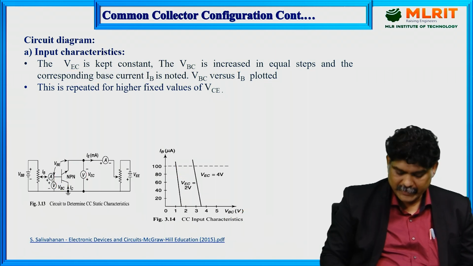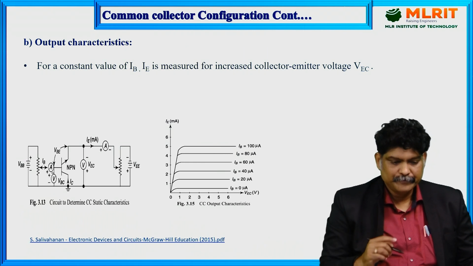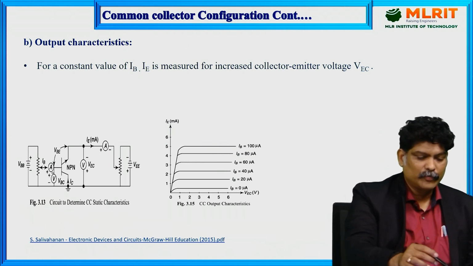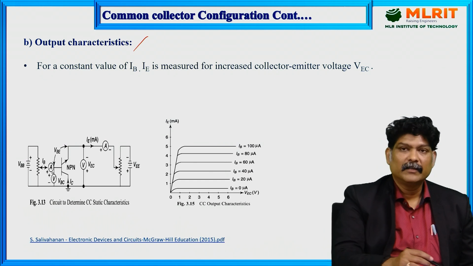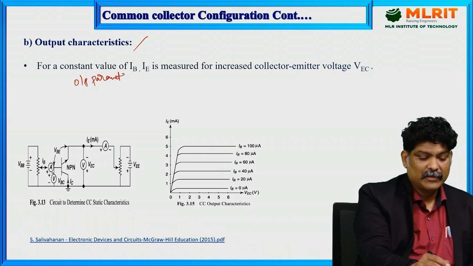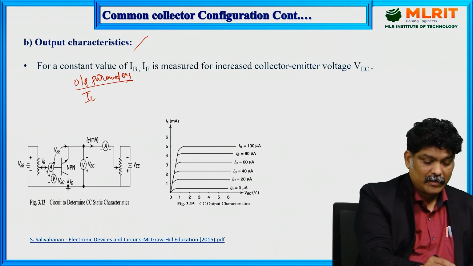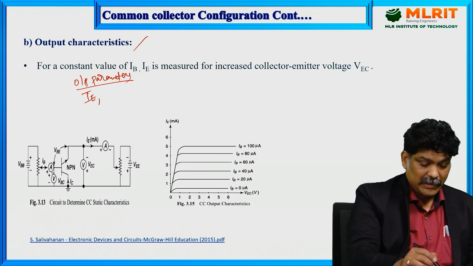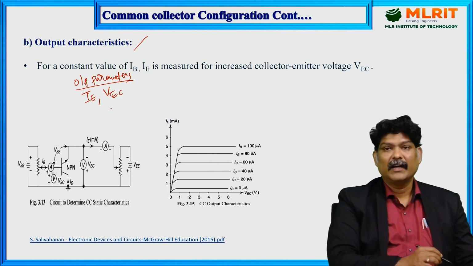So next, common collector configuration, output characteristics. In these output characteristics, what are the output parameters we have? From the circuit diagram, we have IE as one of the output parameters, and VEC as the other output parameter.